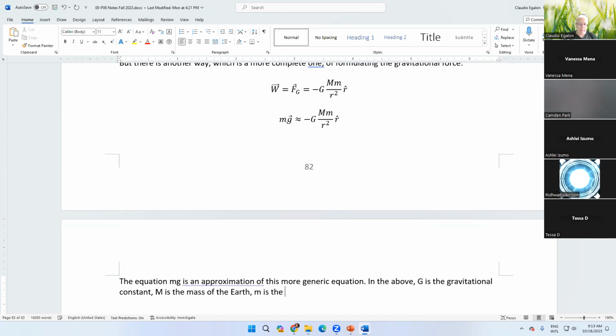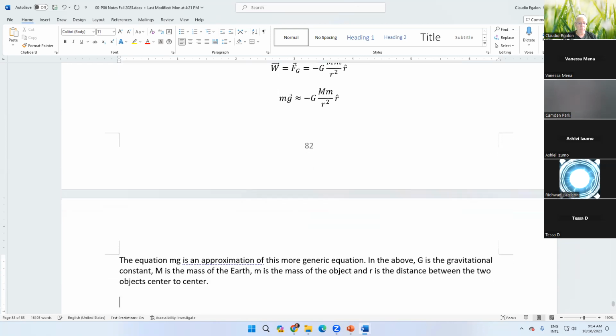Little m is the mass of the object, and r is the distance between the two objects, center to center. Okay, from the center of one object to the center of the other one. Think about that. Remember that mg is just an approximation.